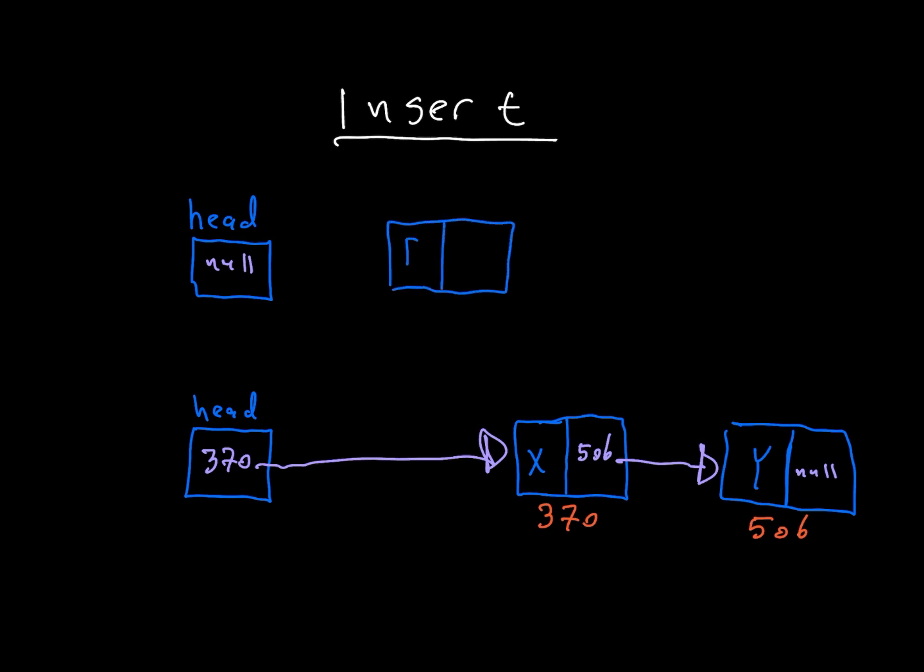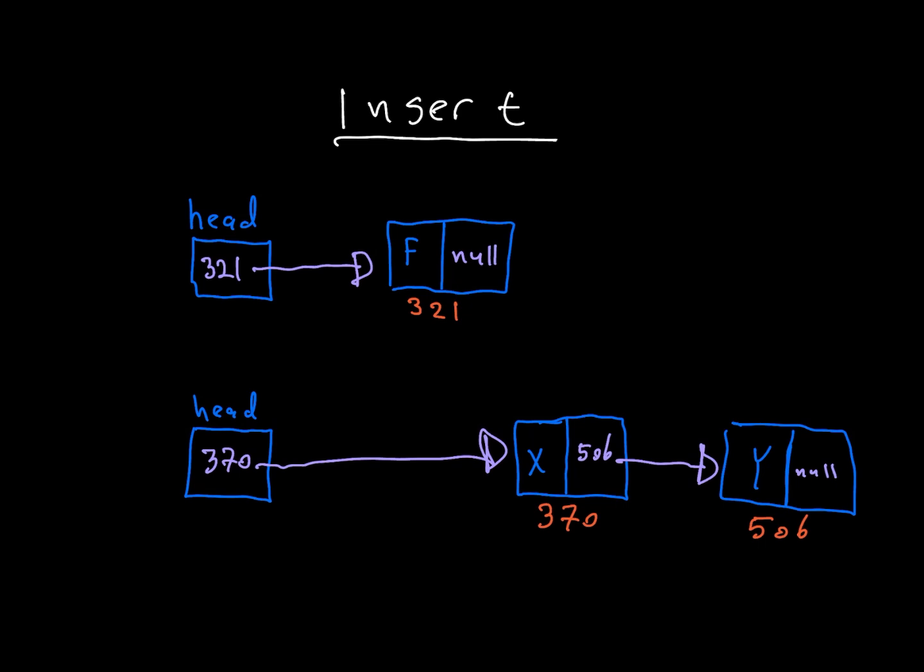Let's say it's data F, it's address 321, it's not pointing to anything. You would take your head, right, and you would set that to be pointing at this node. So it's going to point to address 321, and there, you've inserted into an empty linked list.